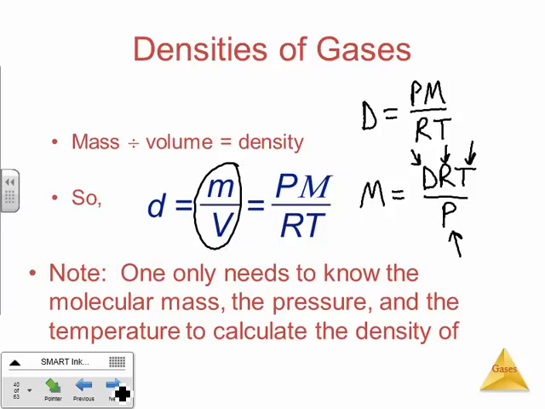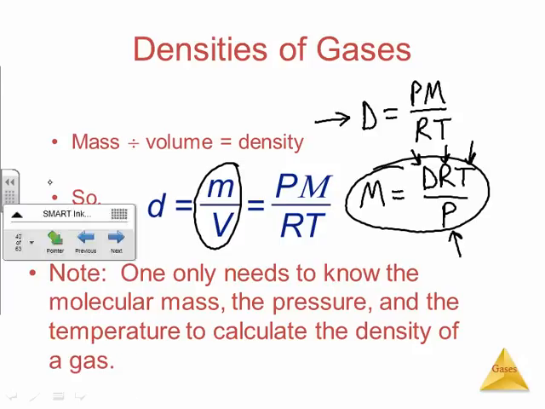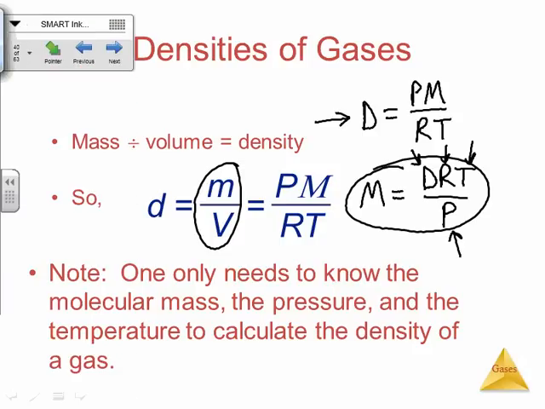If you want to solve for the density, you just rearrange this equation until you get this. So what that means is you may be asked the density often on the AP exam.